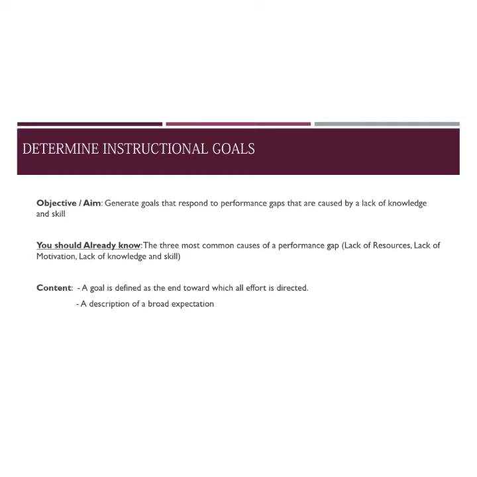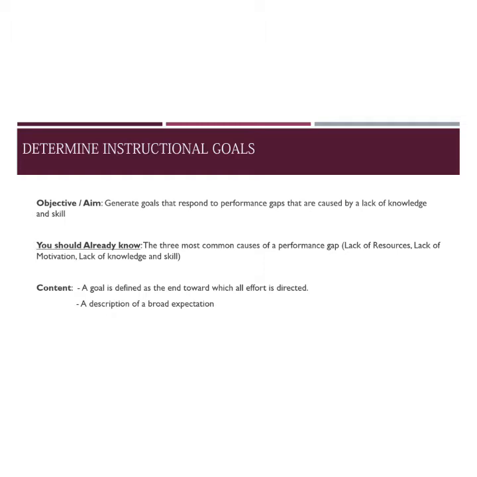Out of all the analysis phases, one of the phases is determining the target objective of the project and what instructional goal the project focuses on. The objective or aim of instructional goals is to generate goals that respond to performance gaps that are caused by a lack of knowledge and skill.